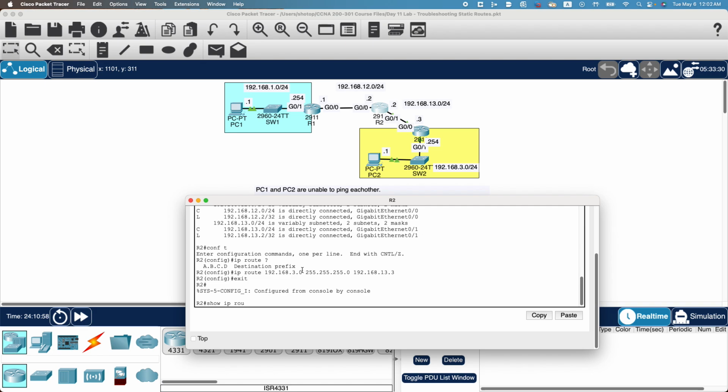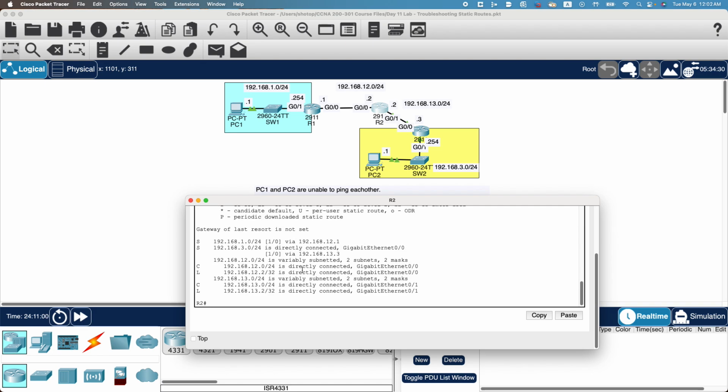So show ip route. It's got the static route, directly connected and also via 13.3. Now I would also expect R1 to have a single path.